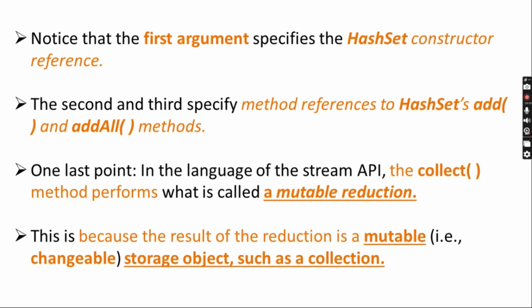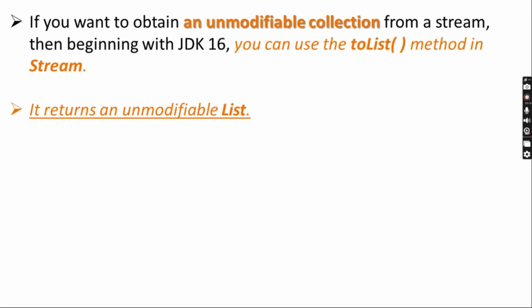Okay, the collect method performs what is called a mutable reduction. Mutable means changeable. The result of reduction given by collect is always a changeable storage object such as a collection. If you don't want to change the collection, you can get an unmodifiable collection.